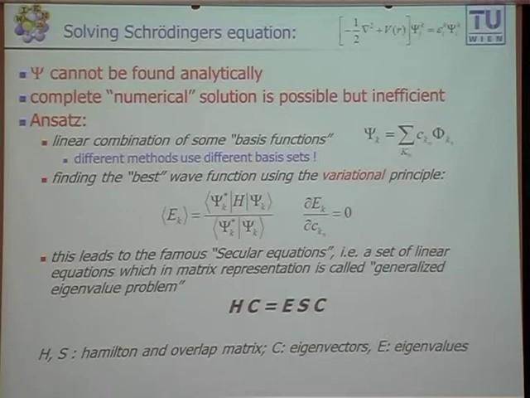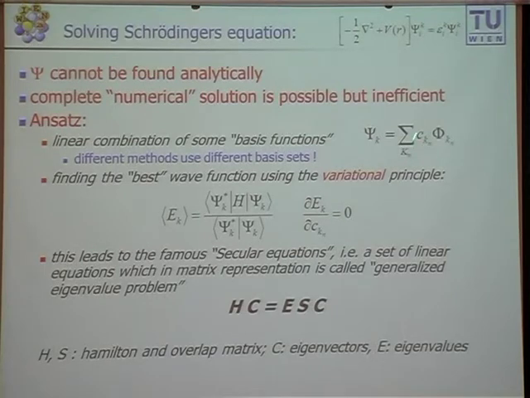What are you doing then? You're trying to find the best wave function and the lowest energy by the variational principle, written like this, and also discussed yesterday a lot in these lectures. And this leads to what is called the secular equations. If you do this in quantum chemistry for the H2 molecule, you can do this by hand with some approximate Hamiltonian and solve this on a piece of paper easily.